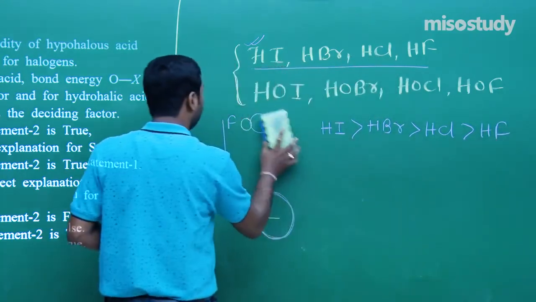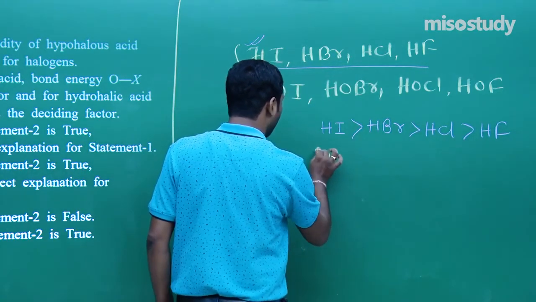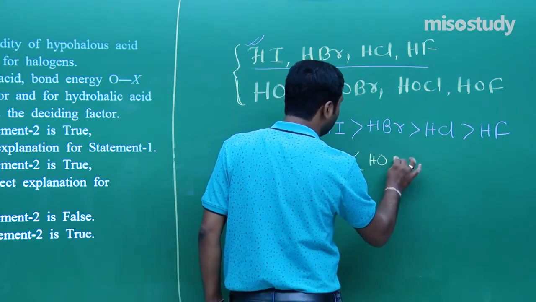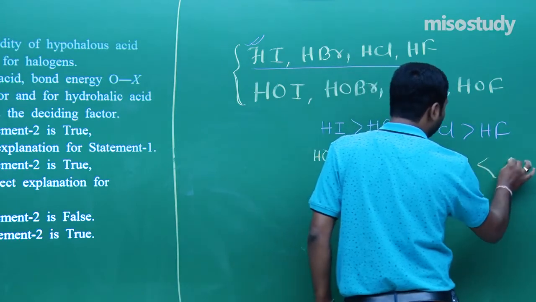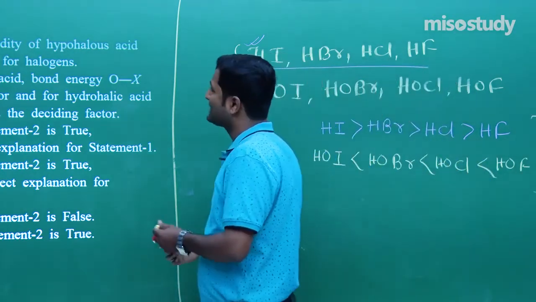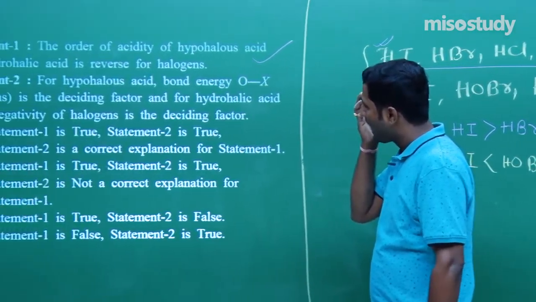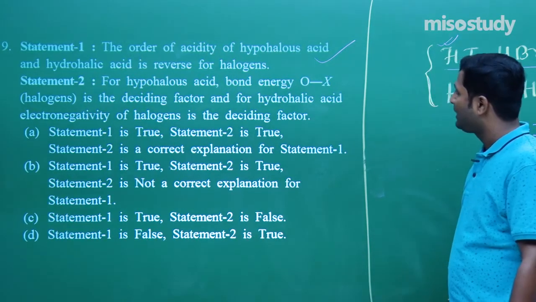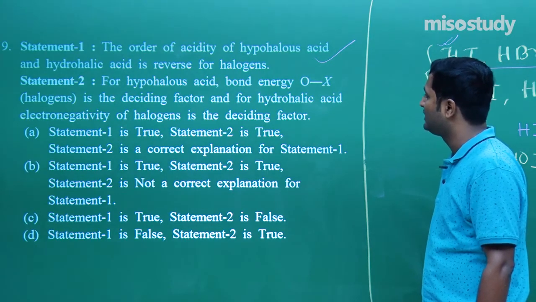Now, if I talk about the hypohalous acids, here it is the reverse order: HOI, then HOBr, then HOCl, then HOF. So the first statement is completely correct. Statement 1 is correct. Now, the explanation: for hypohalous acid, bond energy is the deciding factor, and for hydrohalic acid, electronegativity of the halogen is the deciding factor.